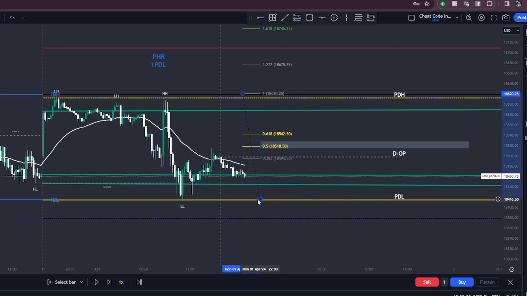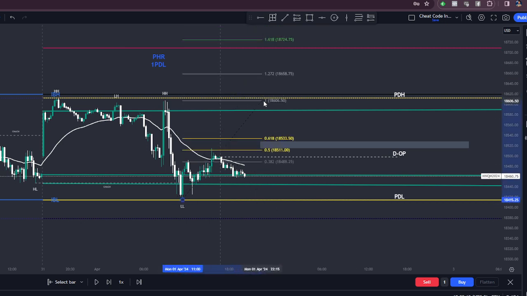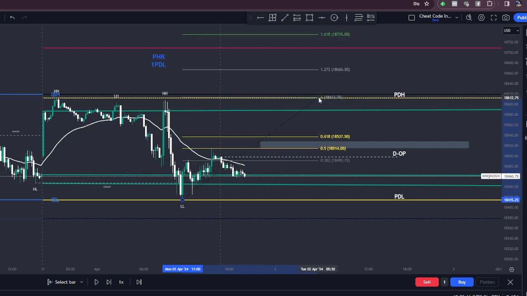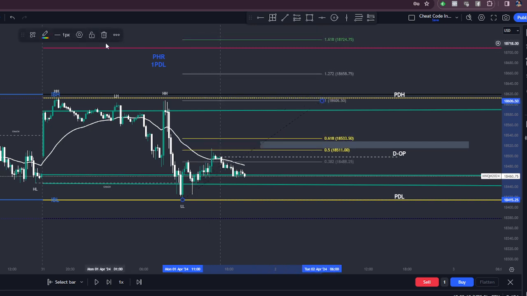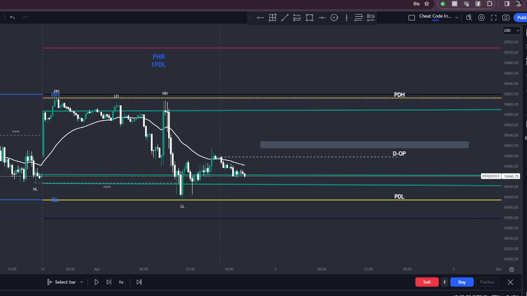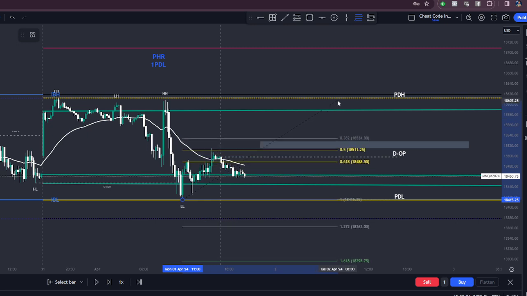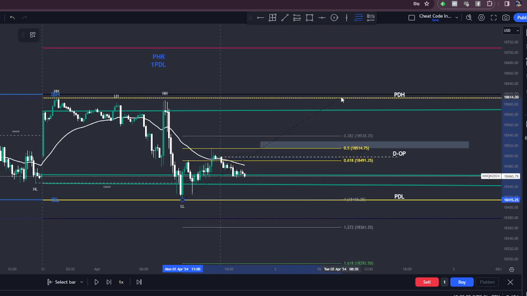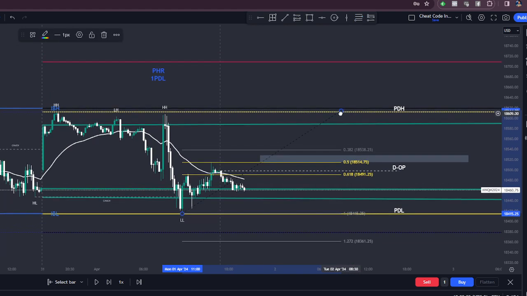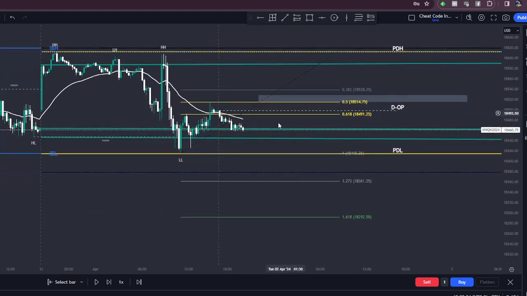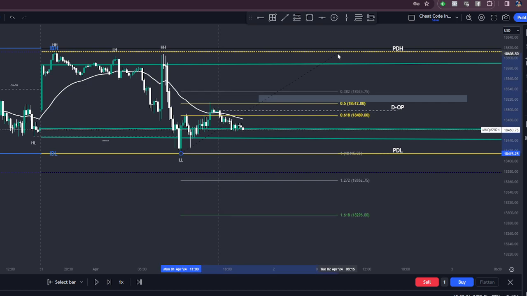So what I'm going to do next is take the low from the previous day and, oh wait, I got that all wrong. Let's see, maybe I'll use, I don't really have much of a high to use right now.